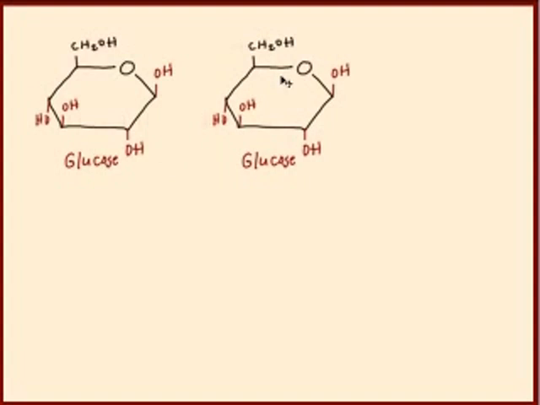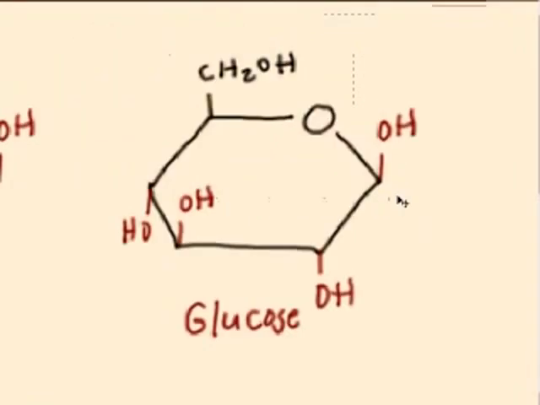And let's change this sugar in some kind of way. The only thing we have to do to turn it into another sugar is change this carbon here. This is going to be carbon number 4. So this is carbon 1. I guess I should label these. So we have carbon 1, 2, 3, 4, 5, 6.